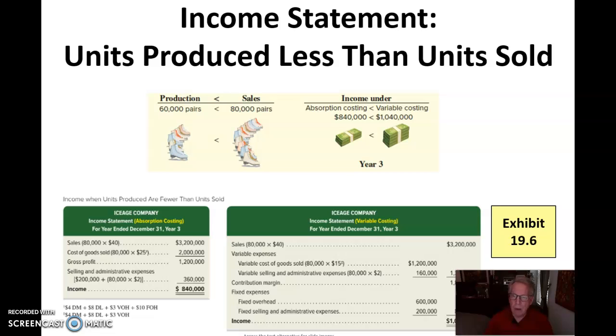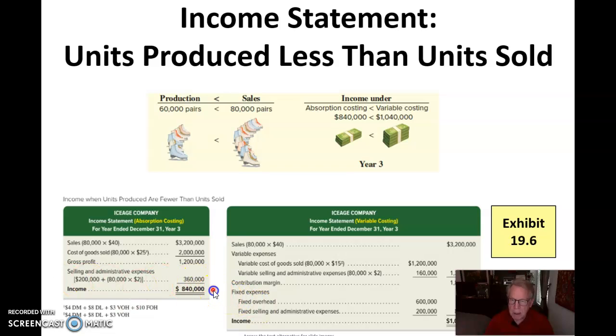Okay, now it's just going to be the opposite. Here, we produce less than we sell. So in this case, we're going to sell 80,000. The cost of goods sold is going to be 80,000 units. Part of that's from ending inventory, and part of that's from current manufacturing. And we'll have gross profit of 1.2 million, less our selling and administrative, but we had a few more units here for variable selling and administrative.